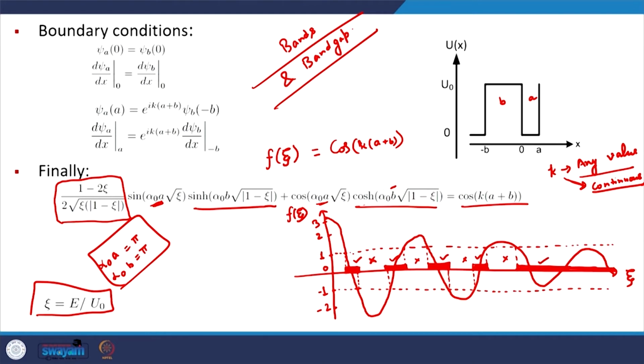Okay. So, if you recall our last few classes, a free particle, when the electron is totally free, not interacting with anybody in the universe, or as if it is the only thing in the universe, the electron's energy is continuous, it can take any energy value. When the electron is confined in a potential well, it can only take discrete values. But now the potential profile is slightly complicated.